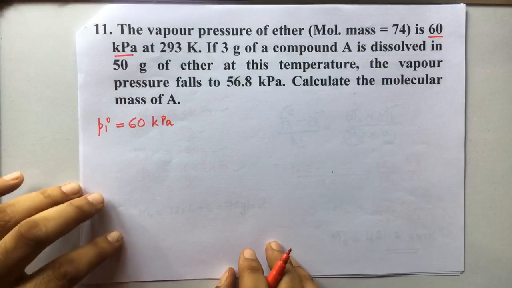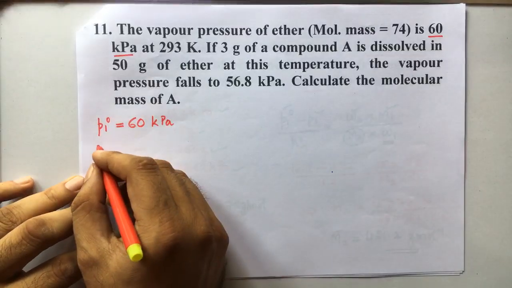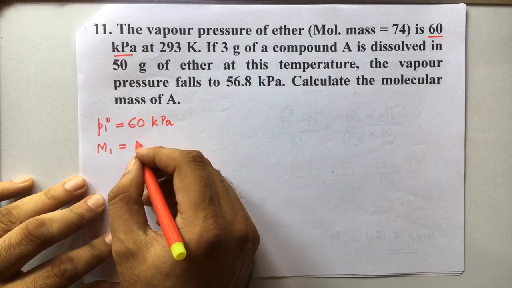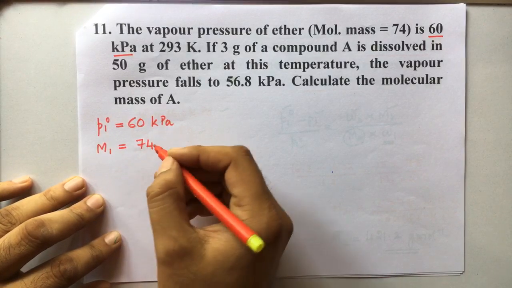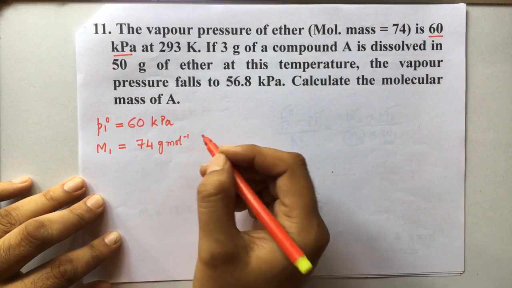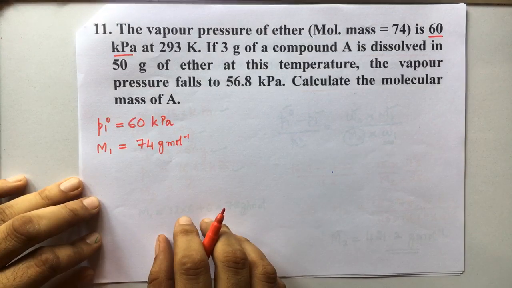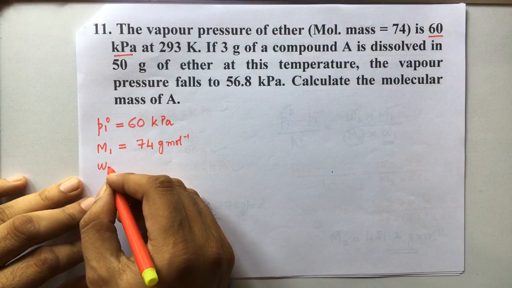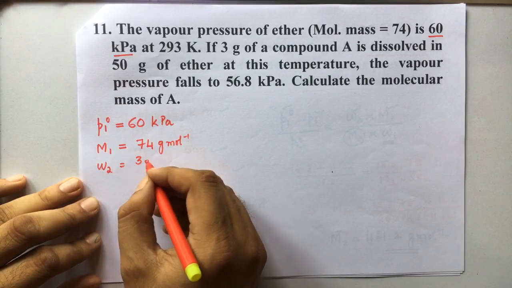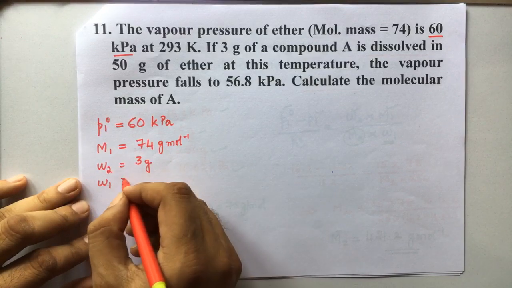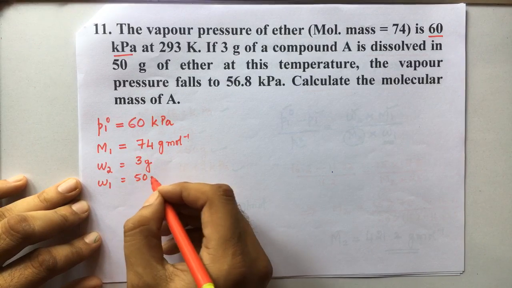They also said the molar mass of it, since it is used as a solvent here, should be taken as M1, equal to 74 gram per mole. If 3 grams of a compound A, the weight of solute, W2, is equal to 3 grams, is dissolved in 50 gram of ether, so W1 is 50 gram.